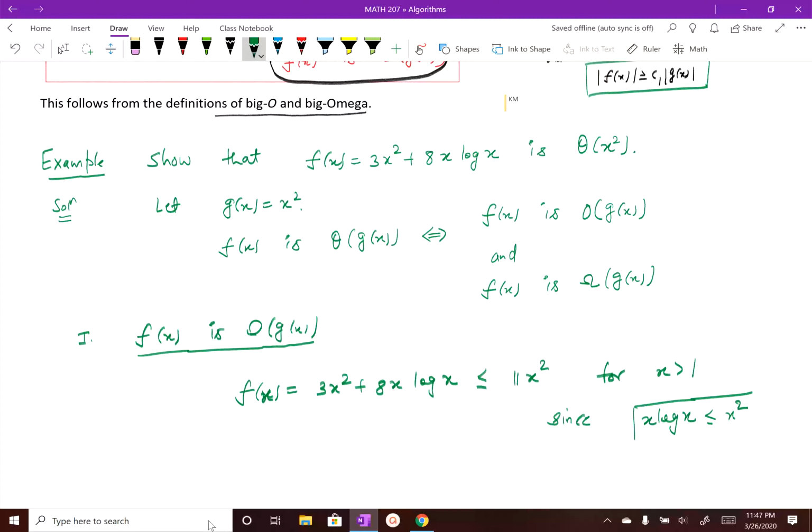Okay, so if you use this inequality here, you can show that this f of x is less than or equal to 11 times x squared.